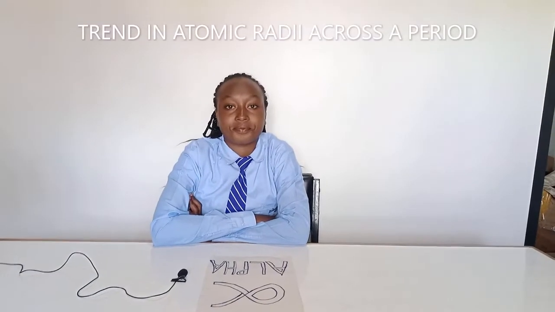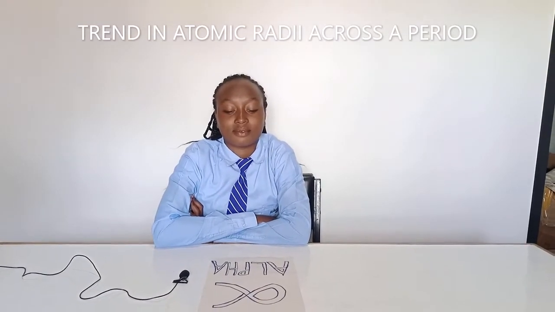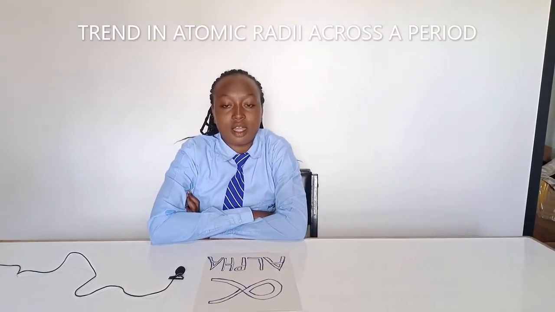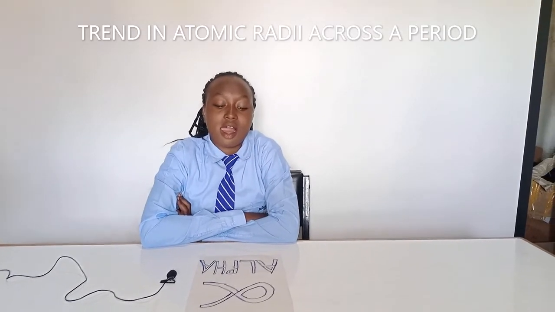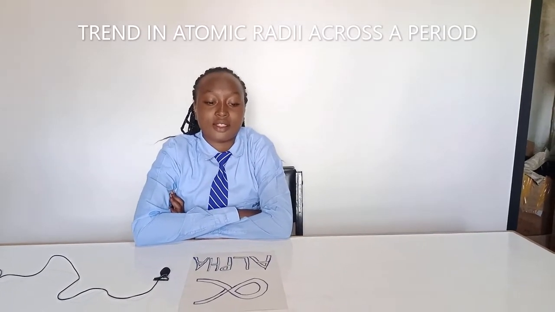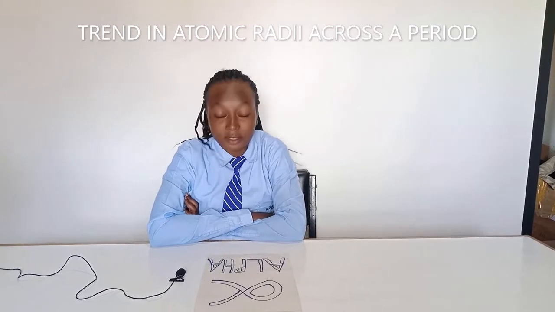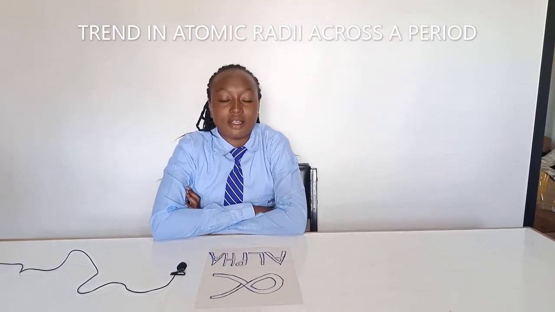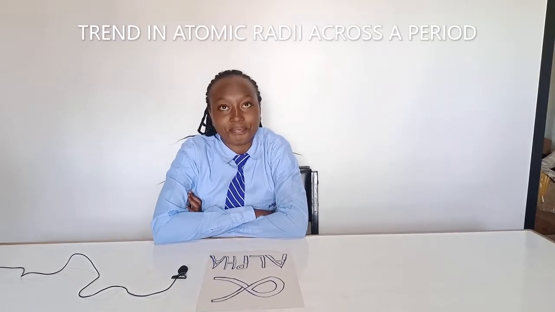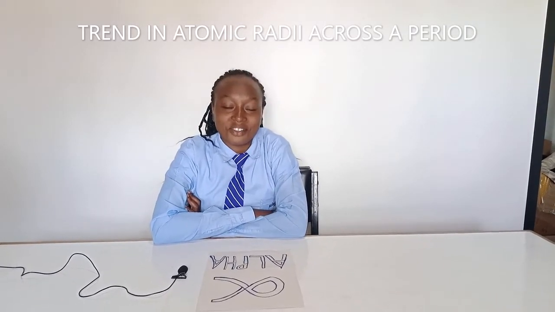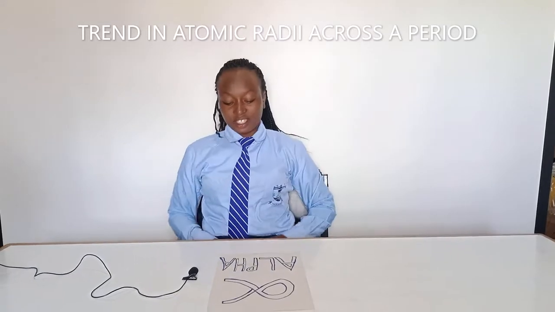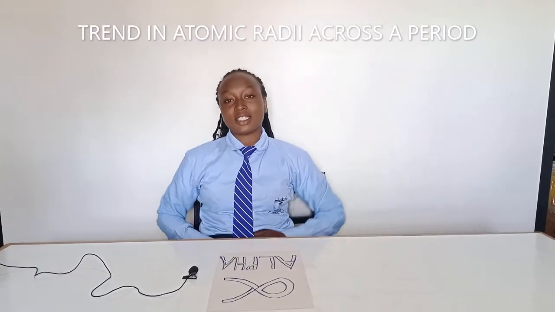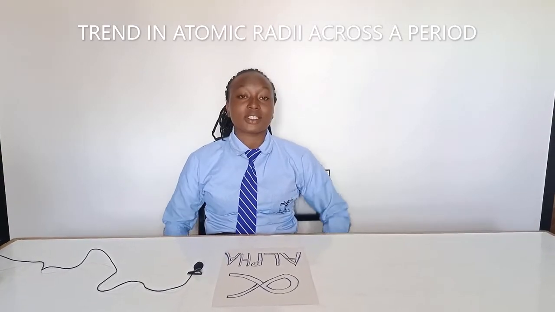State and explain the trend in atomic radius across the period. First of all, you can state how the trend goes across the period. Atomic radius across a period decreases. This is because any gain of electrons enters the same energy level, and hence it is due to large atomic size.